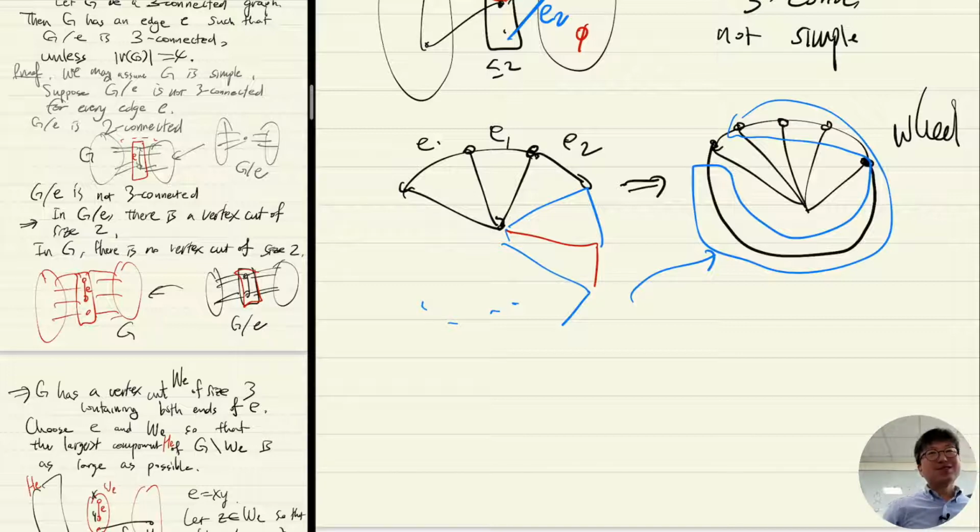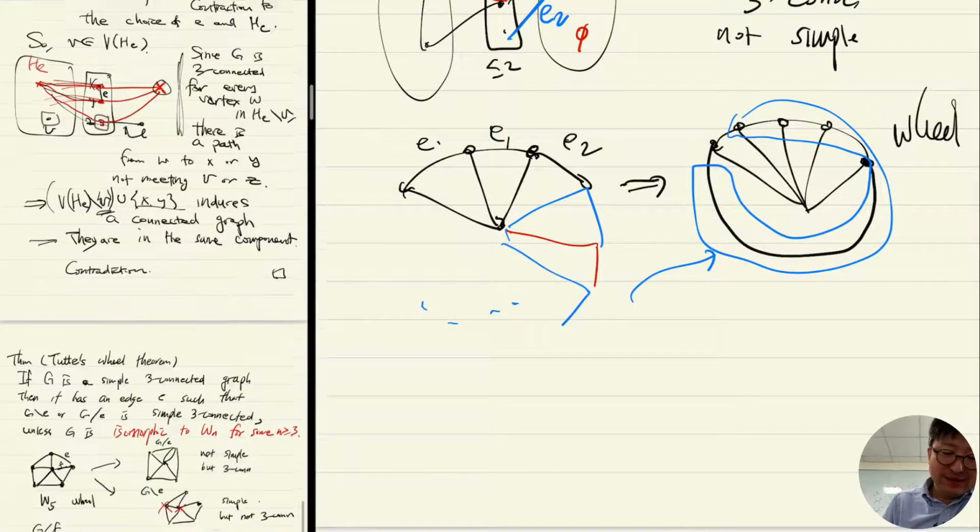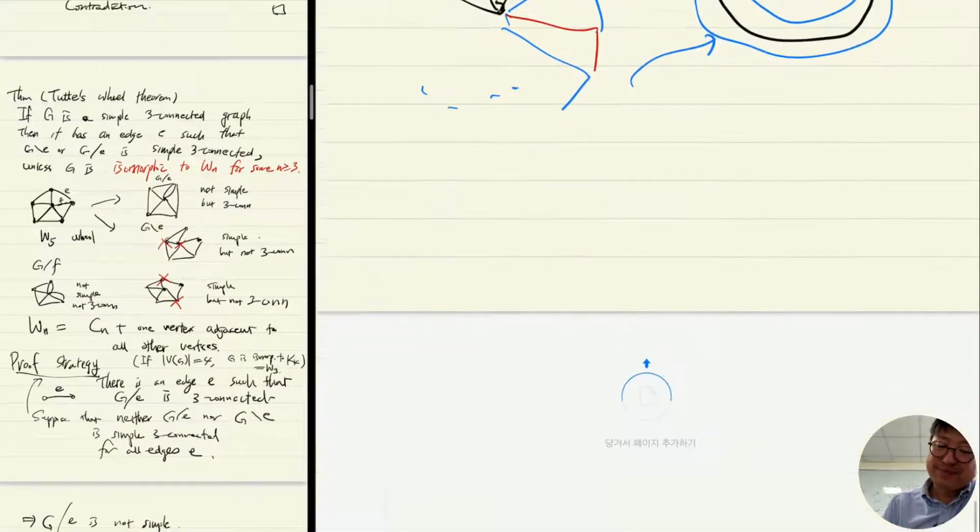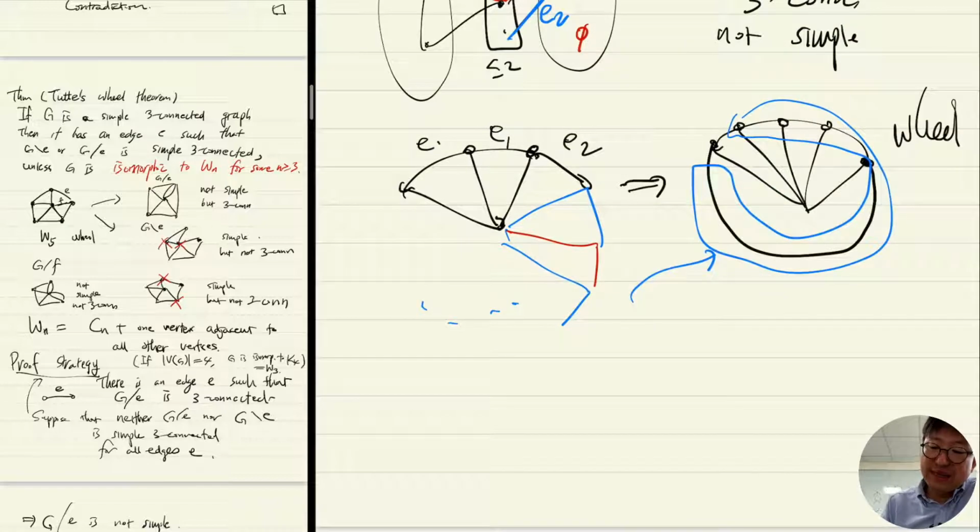So this is the structure of the proof. So how do we prove it more precisely? To prove, we define a structure called a K-fan.